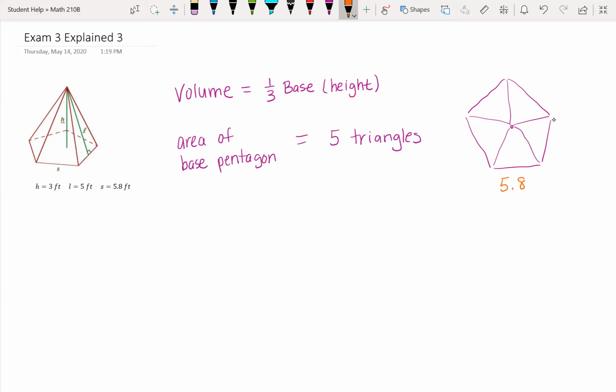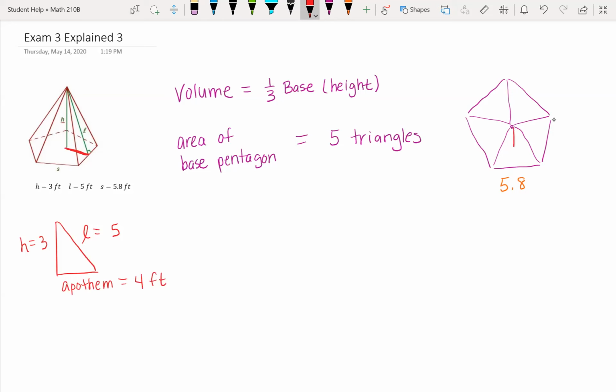They're not equilateral triangles. I do know, I can figure out the apothem, right? The apothem is going between the height of the pyramid and the slant height. So this internal triangle here, L is equal to 5 and H is equal to 3. And so using Pythagorean theorem, that means that the apothem is 4.